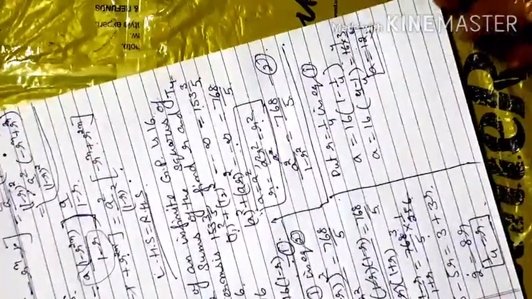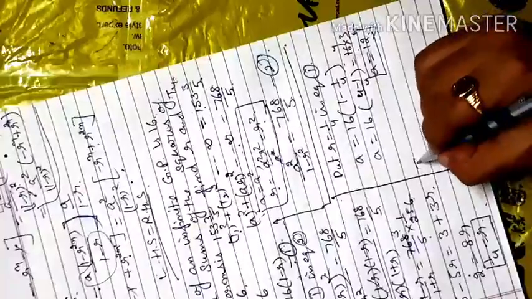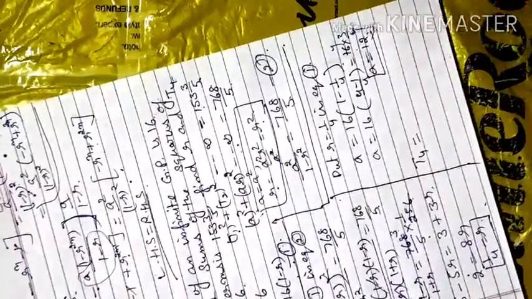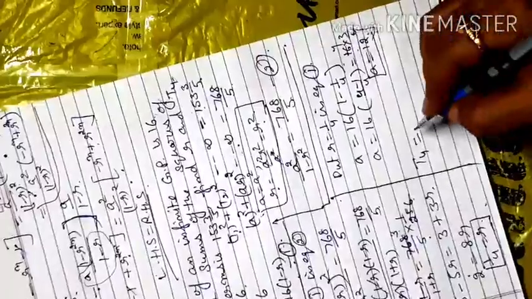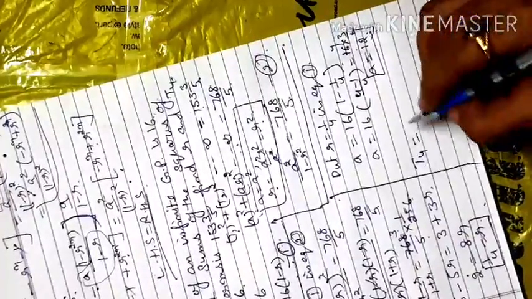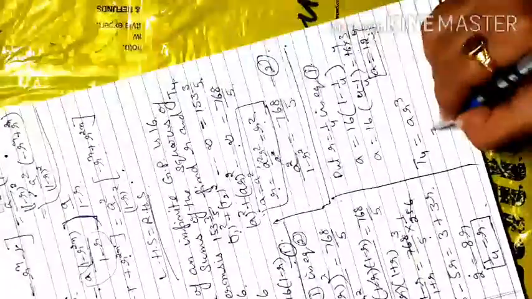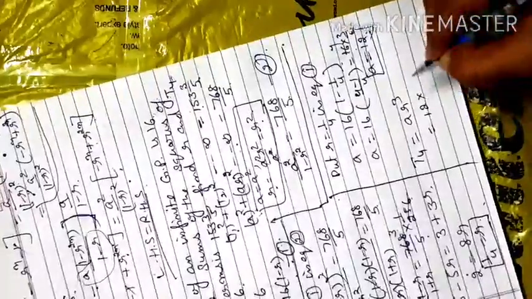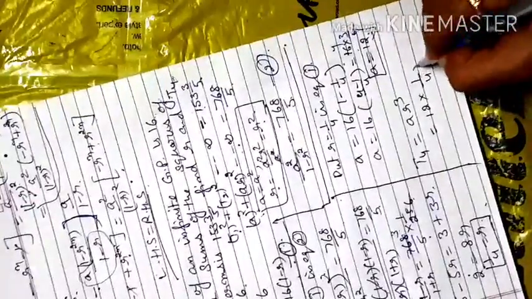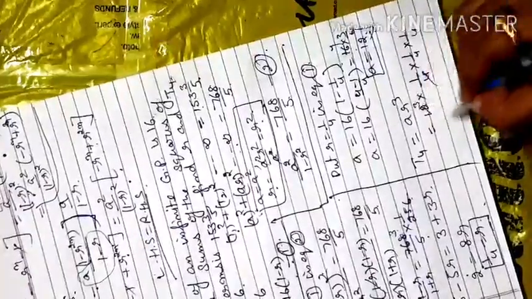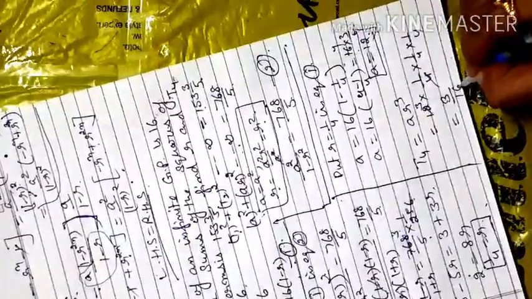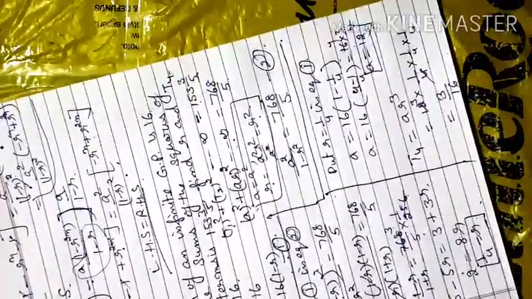Now after getting the a and r values, the next step is you have to find the fourth term of this GP series. So that is a r cube. The a value is 12, the r value cubed is 1 by 4 multiplied by 3 times, 4 3s are 12, and my required answer is 3 by 16.